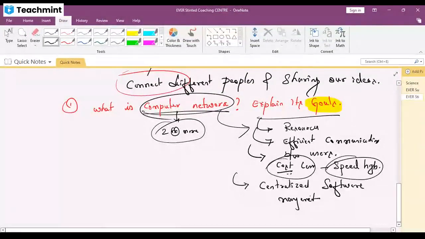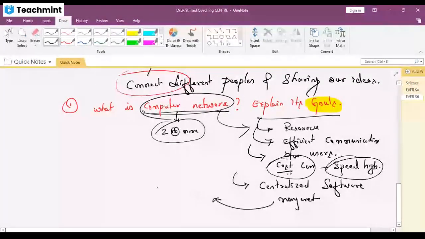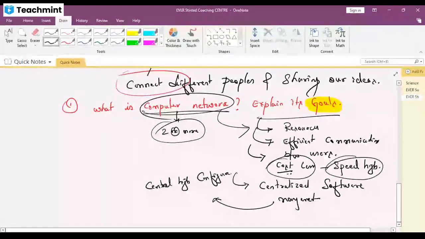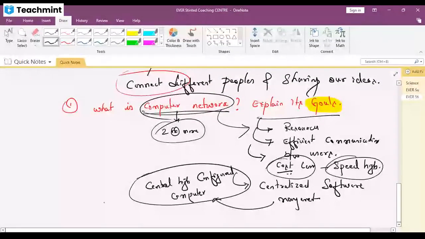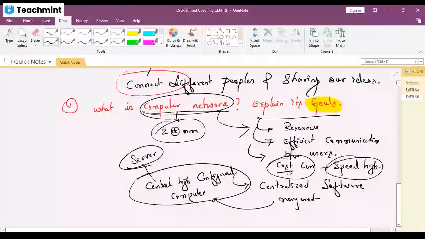It means this will create a basic network structure between all the computers, and it will connect to a central high configured computer. This computer network will create a central high configured computer. Now this we call a server. So this is the middle of all these networks.